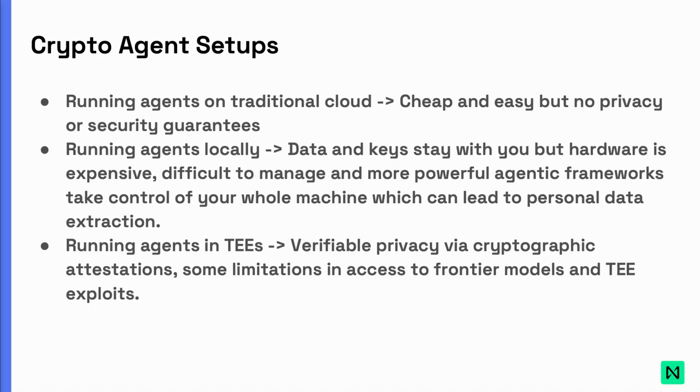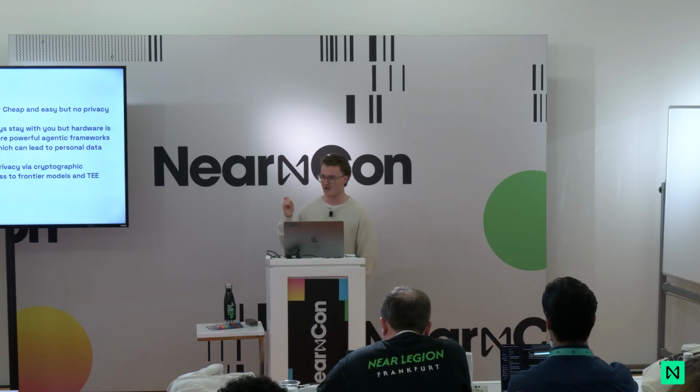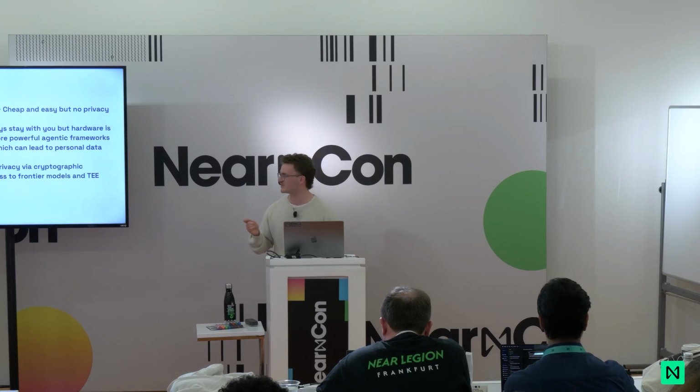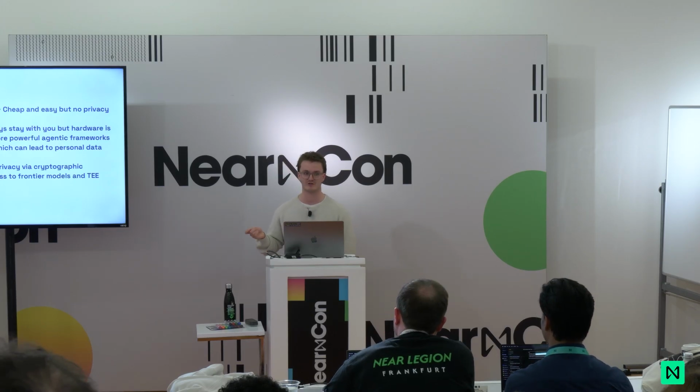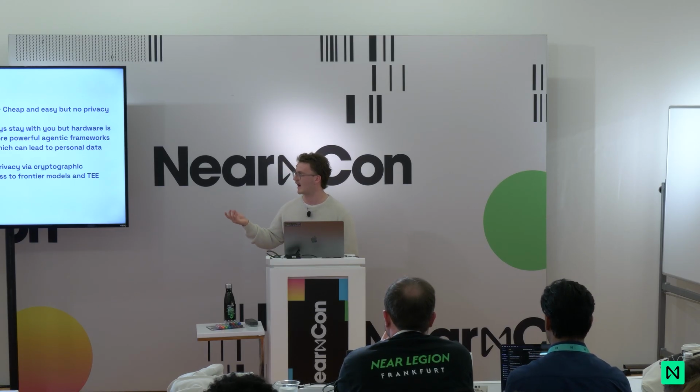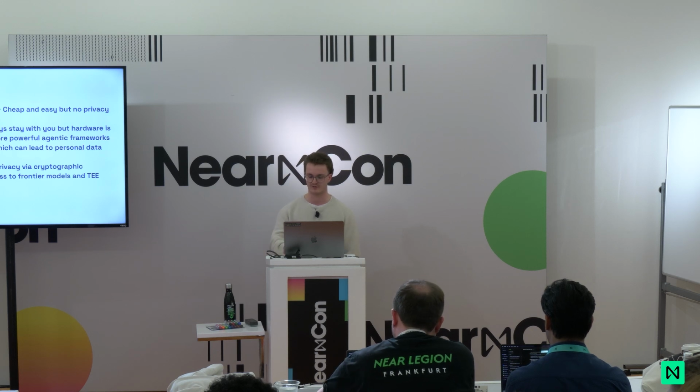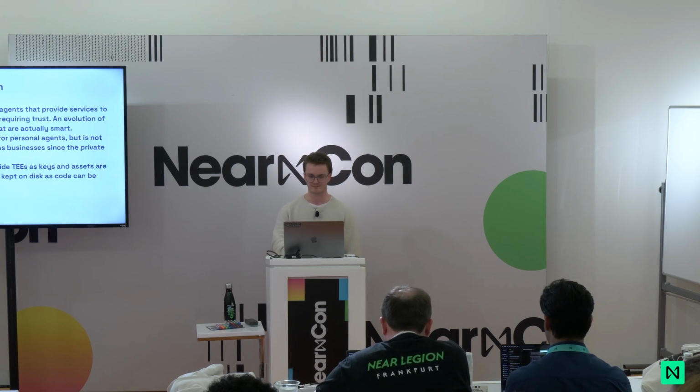So it's verifiable and private, and verifiably private. And this setup's pretty great. However, there are some limitations in access to frontier models because they need to be open source, and there are some exploits with TEEs which we'll get into, which we've built some defenses around with Shade Agents.